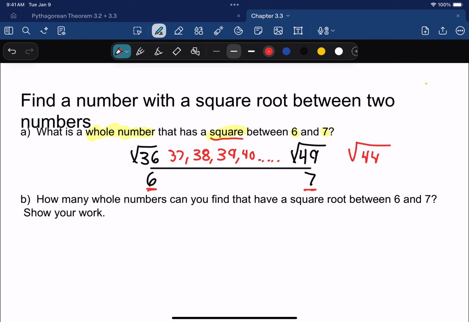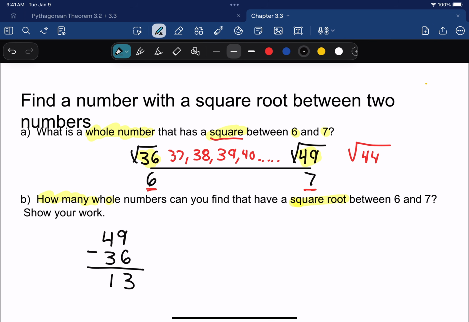And so this bottom question here says, how many whole numbers can you find that have a square root between 6 and 7? Show your work. So we know that 7 squared is 49, 6 squared is 36. So we could take 49 and subtract 36 to figure out the amount of numbers that we could have between 6 and 7.